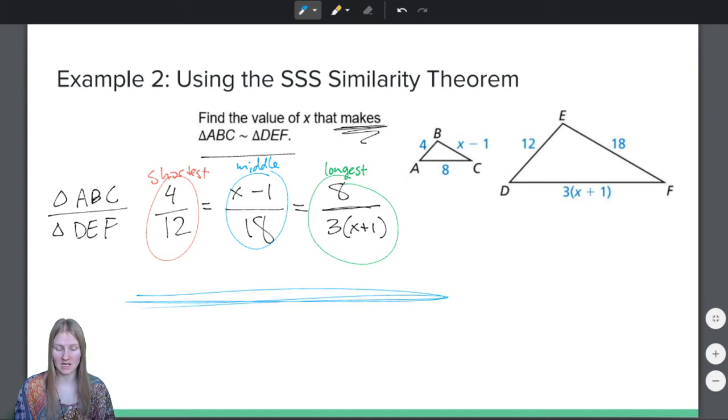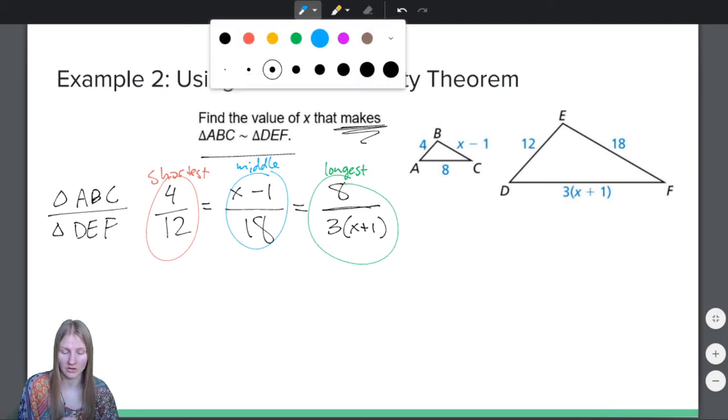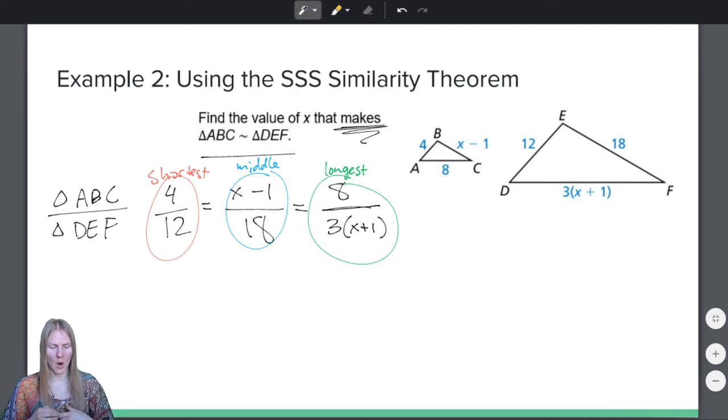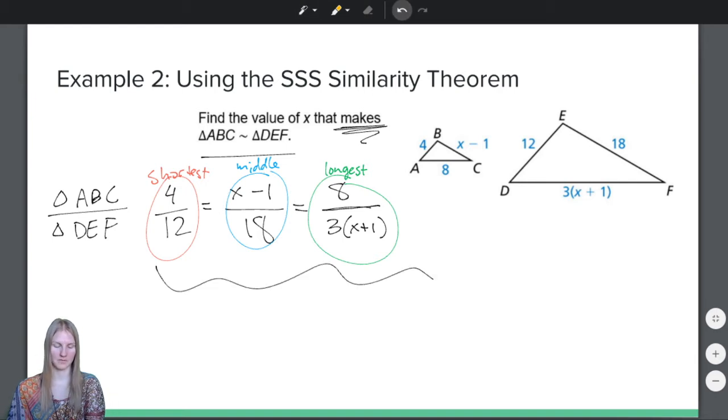All of these things need to be equal in order for these triangles to be similar. So, how could we figure out what x needs to be? What value of x makes these equal to each other?